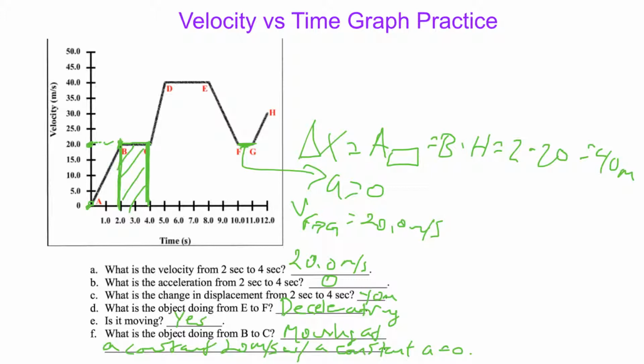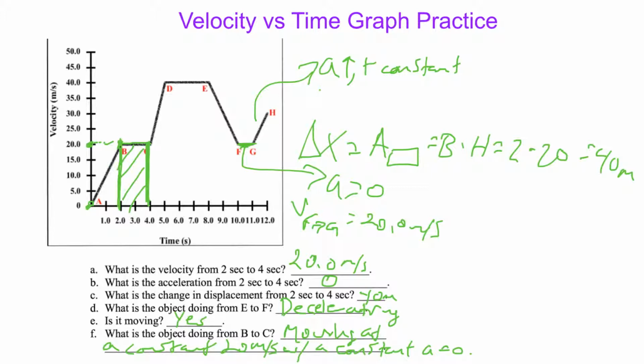And what's the object doing from G to H? Okay, good. It's speeding up. It's got a positive acceleration. The acceleration is constant because it's a straight line.